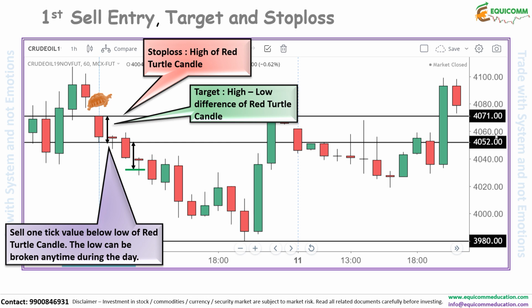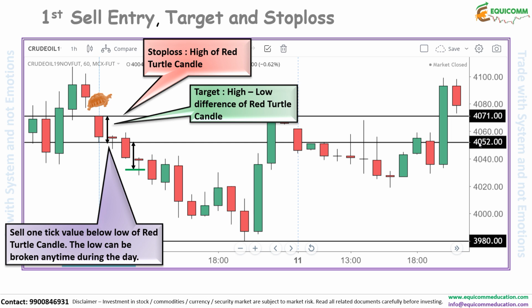So now when you sell at 4051, your target would be 4032, which is exactly 19 points from your entry level. This distance you have to put from your entry level. What is your target? Target is 19 points. At what rate have you sold? I have sold at 4051.